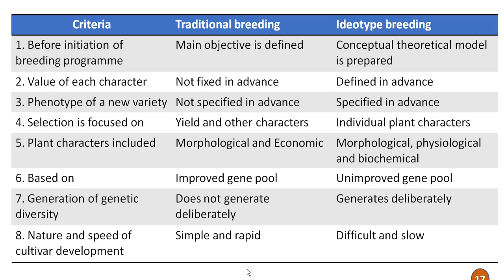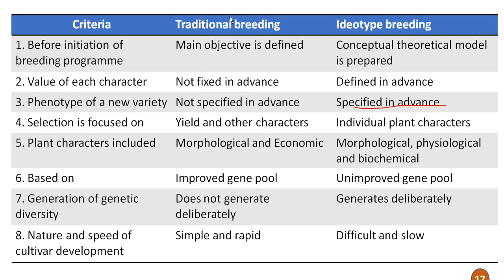Then in traditional breeding, the value of each character is not fixed in advance, but in ideotype breeding, we have to define the value of each character in advance. In traditional breeding, the phenotype of a new variety is not specified in advance, while in ideotype breeding, it is specified in advance.